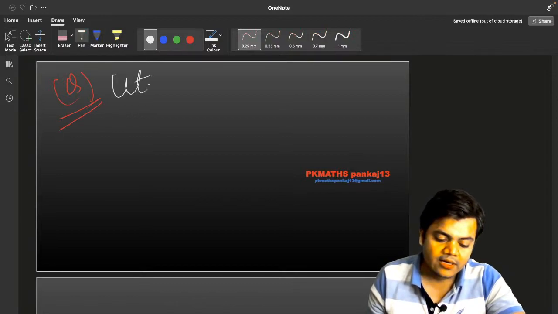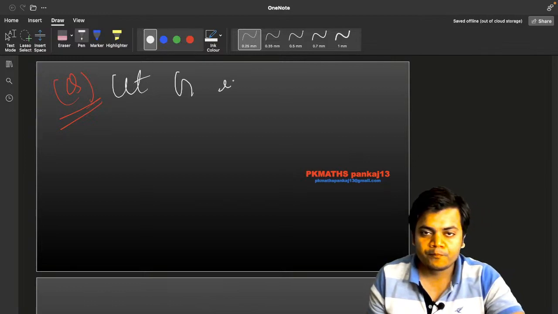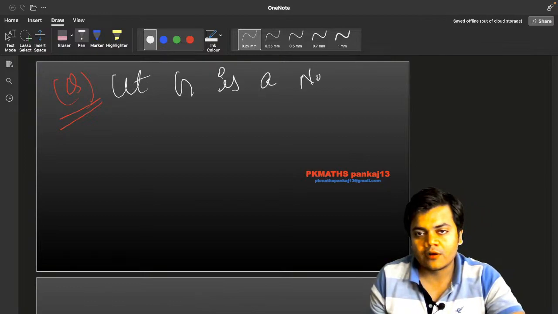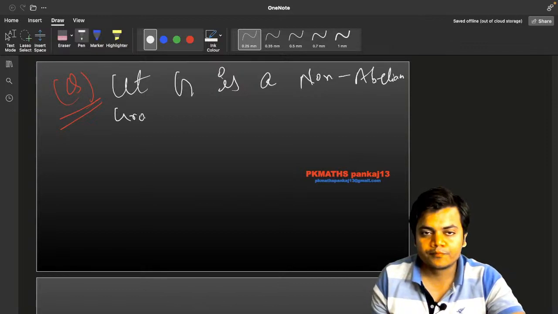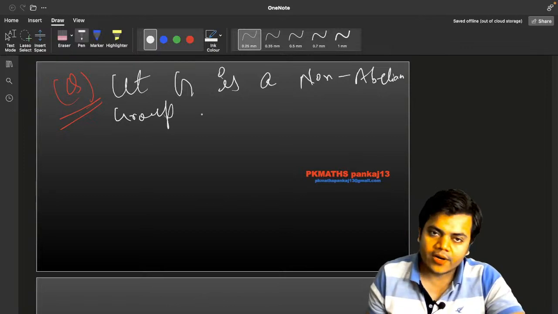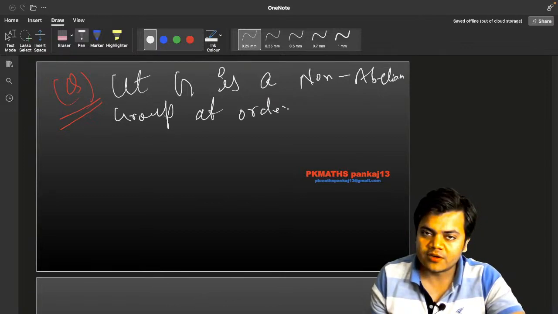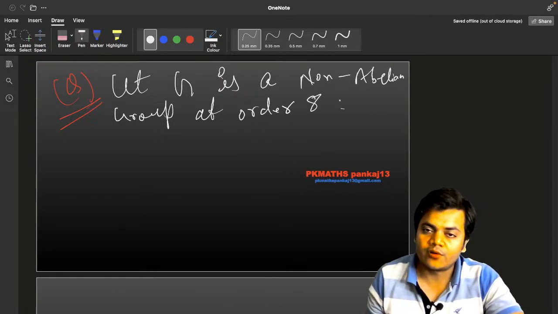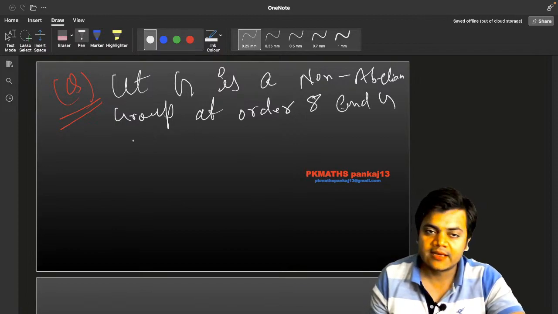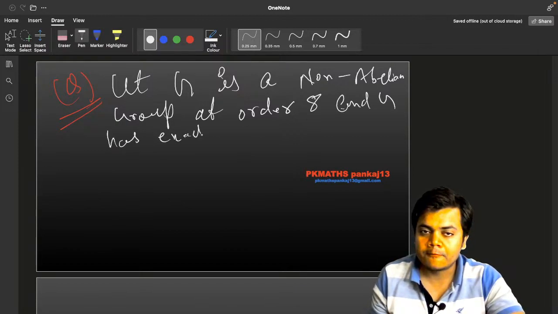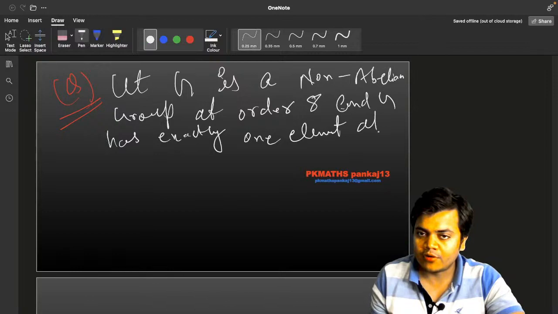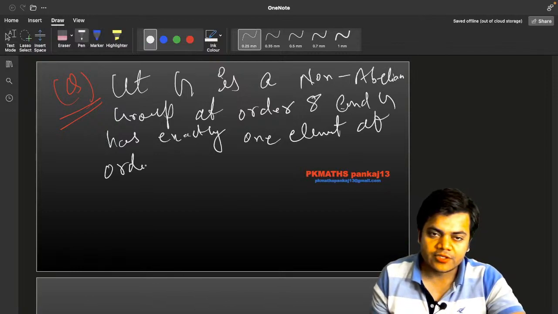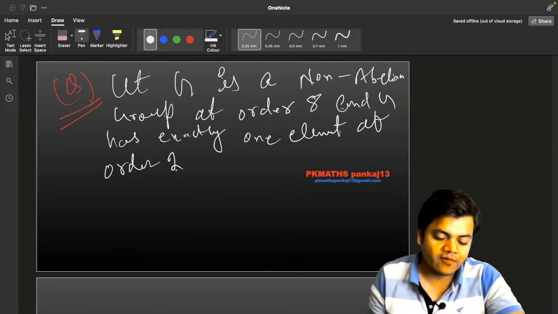Let G be a non-abelian group of order 8, and G has exactly one element of order 2. Okay, G has exactly one element of order 2.